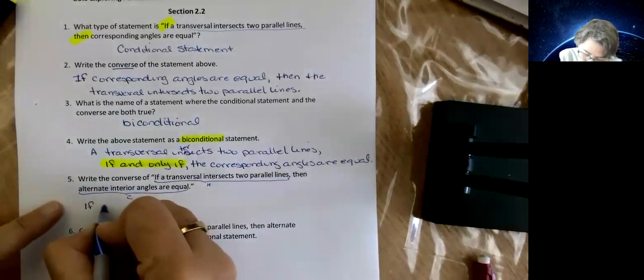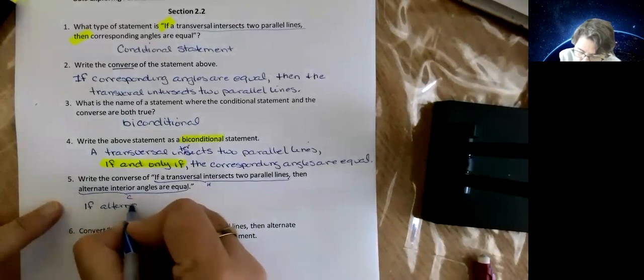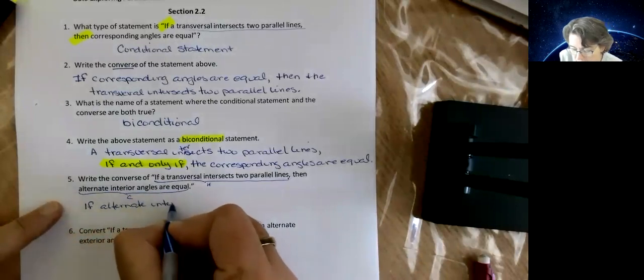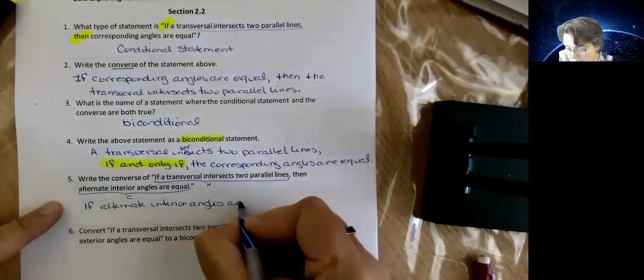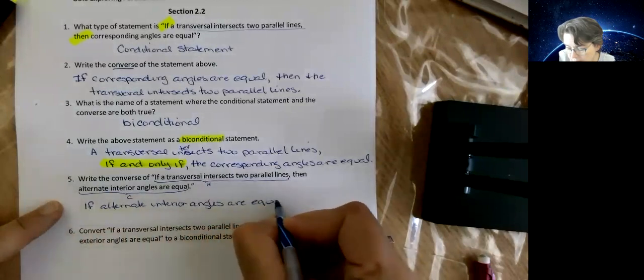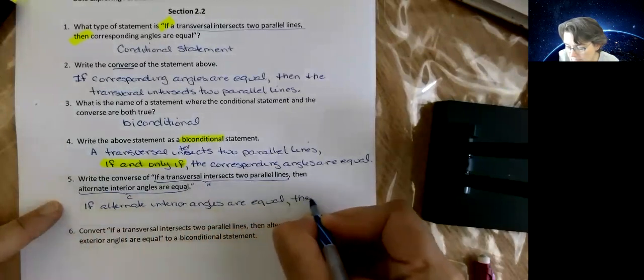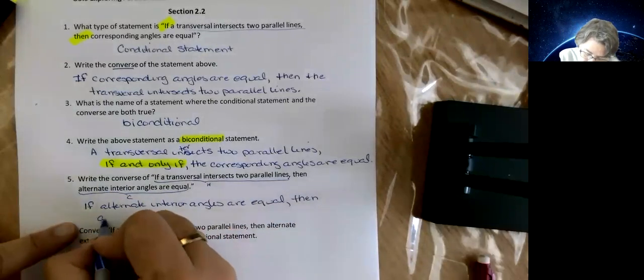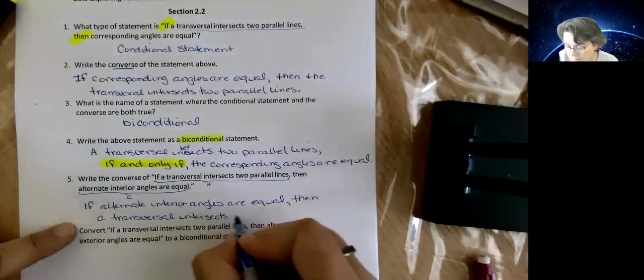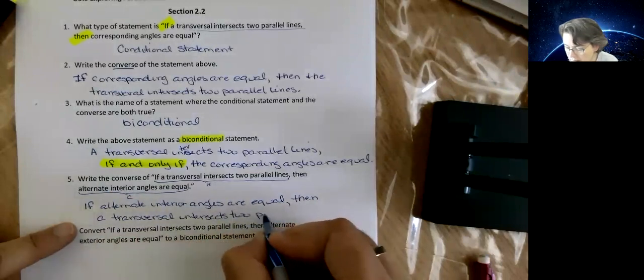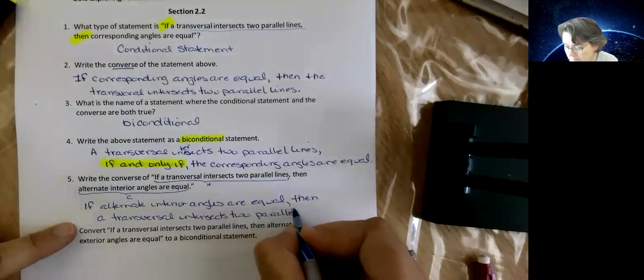If alternate interior angles are equal, then a transversal intersects two parallel lines.